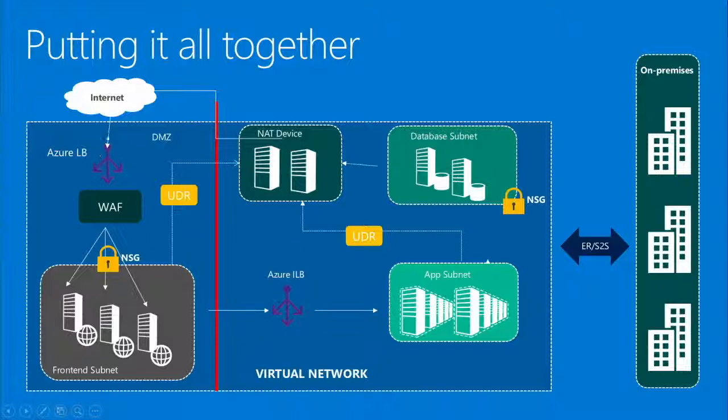And then you can do load balancing using Azure's load balancer, either for external load balancing or for internal load balancing. You can also connect these back to your on-premises using things like ExpressRoute or site-to-site VPN devices. So this holistically puts together the full list of things that you can do with Azure's networking abilities.